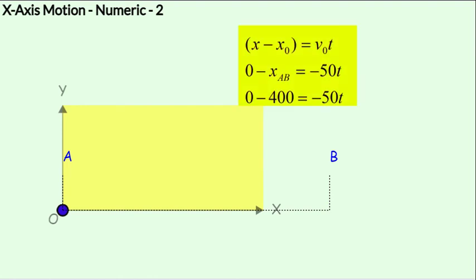So we have x minus x0 equals v0 times t, and all the values to be plugged in should be from A's frame of reference. So substituting the values, we obtain 0 minus 400 as minus 50t.